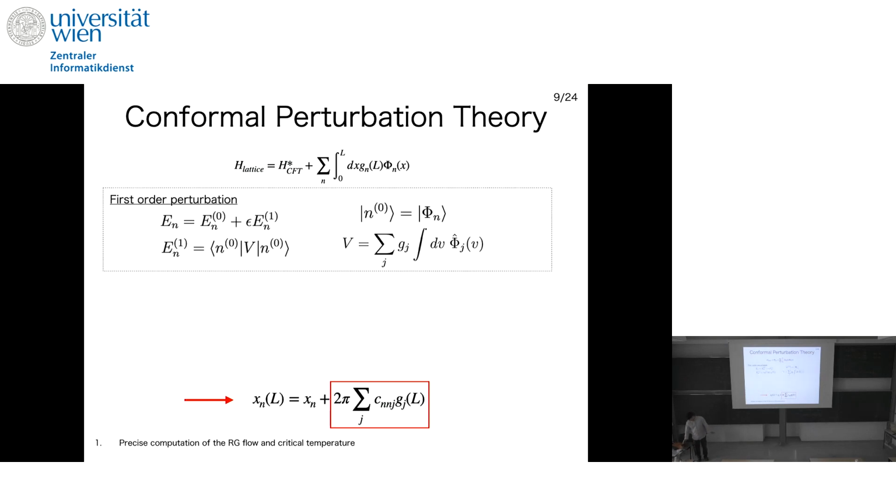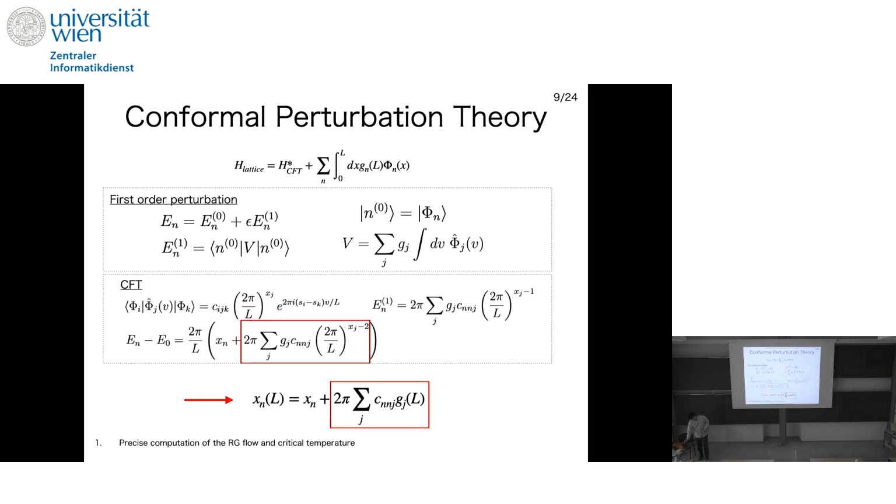It's easy. First, you start from first order perturbation theory from undergrad school. You have CFT plus some perturbation, and the energy shift is nothing but this one. Combined with the CFT, you get this equation.